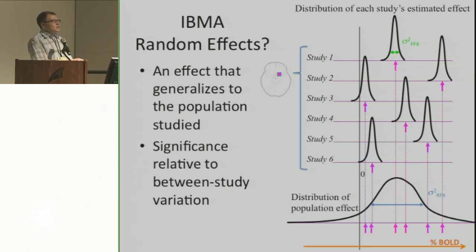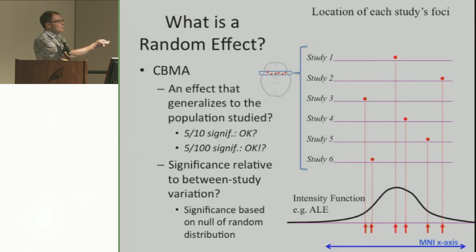So what exactly does it mean in the spatial context of coordinate-based meta-analysis? I think it's a challenging thing. If we change, I'm going to reuse my figure and just call this a transect of space now instead of percent BOLD magnitude. Are we talking about just the spread of these points in space?